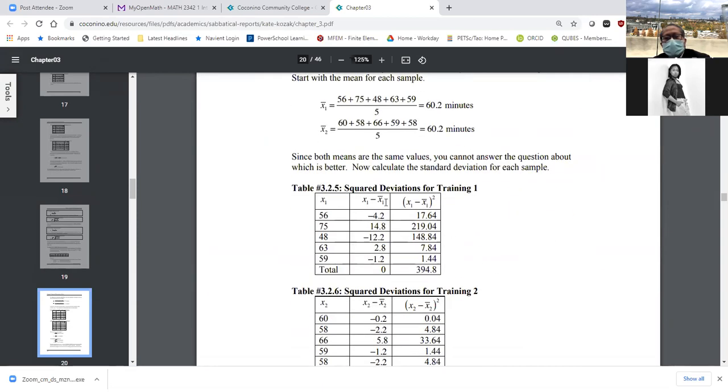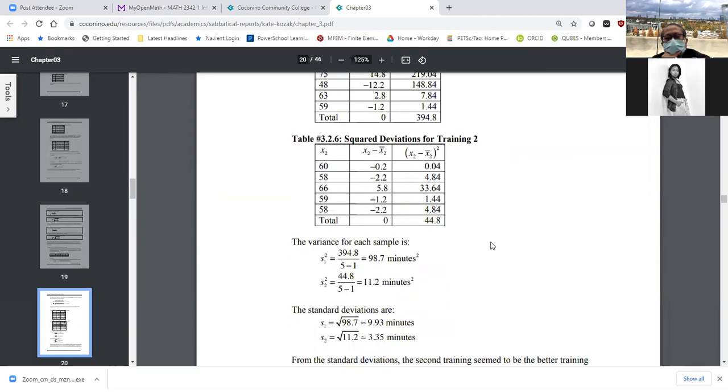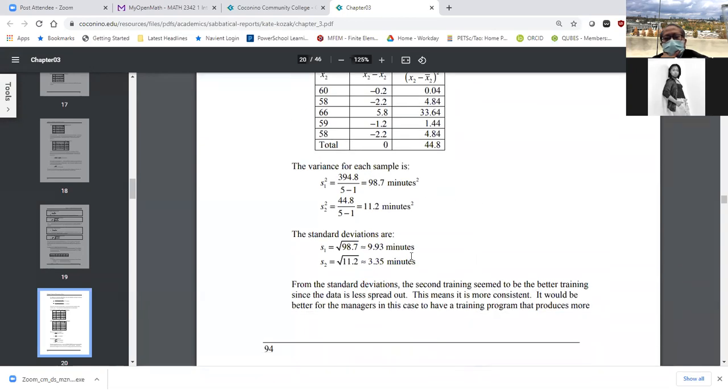Then you subtract the mean from each value, square it, add them together and divide by n minus 1, the sample size minus 1. So it gives you the variance for the first training and the variance for the second training, right? And you can see the standard deviation is also different, because if you take the square root of this, it gives you this, and the square root of this gives you this.